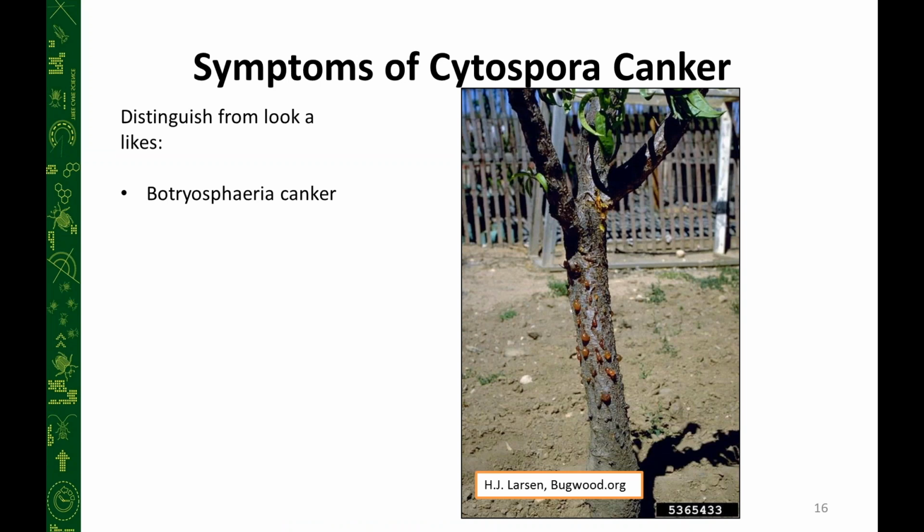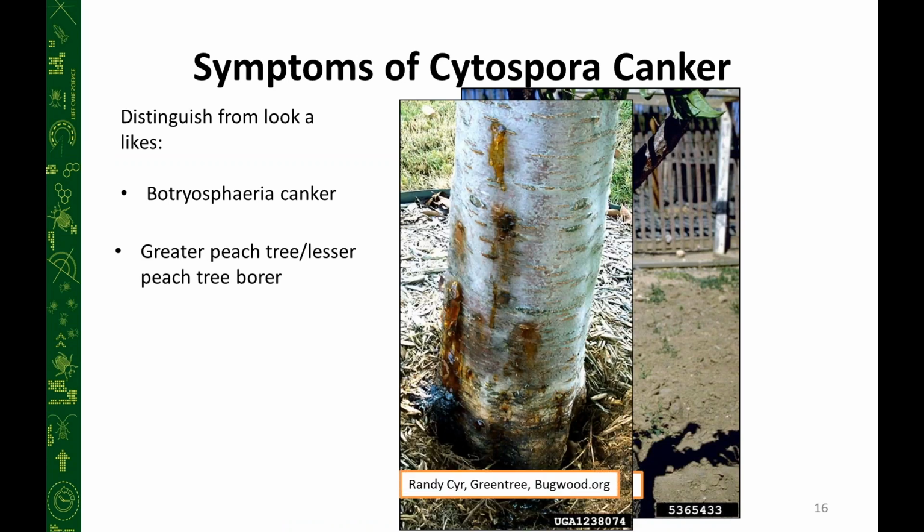Botryosphaeria canker, as is pictured here, is also a very common canker disease on stressed trees in this genus. And so these would be managed pretty much the same, but if you're really trying to split hairs, knowing the difference between Botryosphaeria and Cytospora would have to be cultured out in the lab.